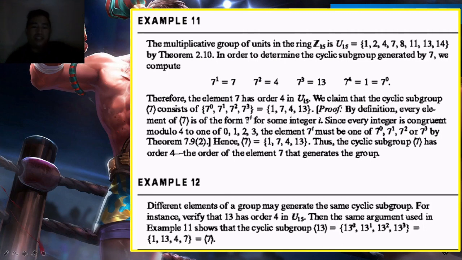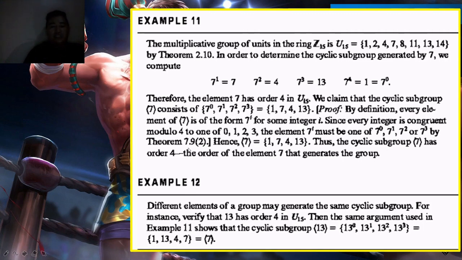Proof: by definition every element of the cyclic subgroup of 7 is of the form 7 to the power of i for some integer i. Since every integer is congruent modulo 4 to one of 0, 1, 2, 3, the element 7 to the power of i must be one of these: 7 to the power 0, 7 to the 1, 7 to the 2, 7 to the 3.